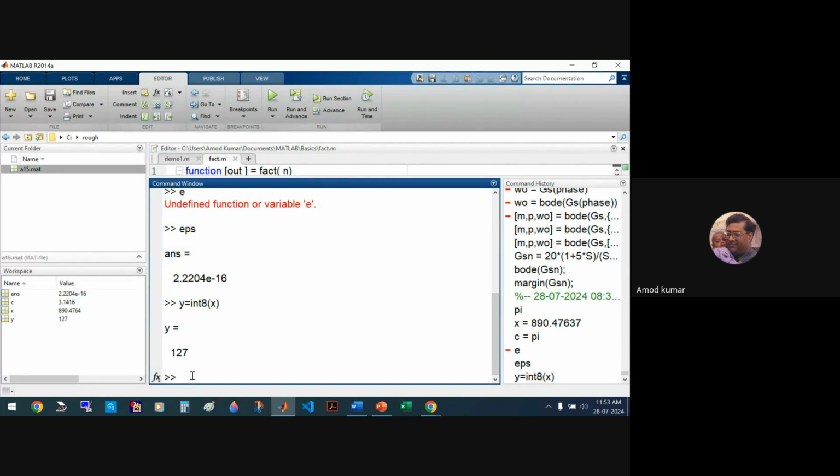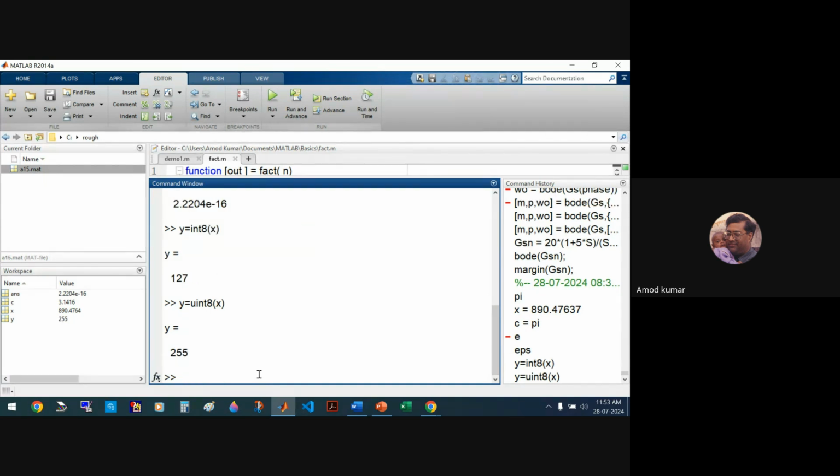Suppose you write unsigned 8-bit, UINT. Now at this time, what I did, Y is being given value, unsigned integer conversion is being done for X. So when 890 point something gets converted into unsigned number, now the answer is 255. You saw the difference? Do you appreciate it?